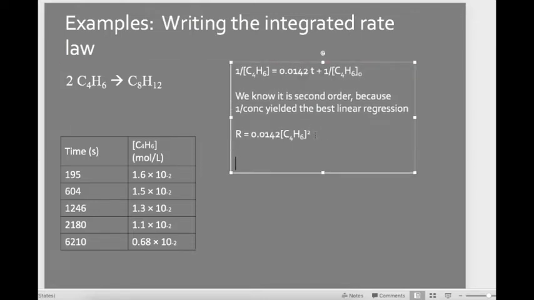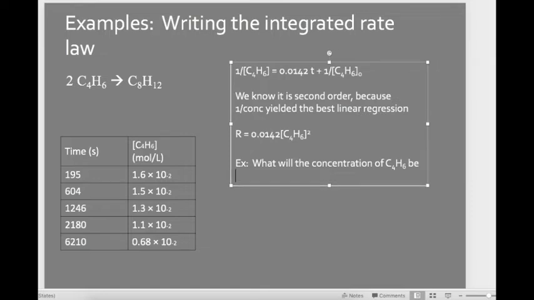For example, let's say, what will the concentration of C4H6 be at t equals, let's say 8,500 seconds? So I want to know 8,500 seconds later, what's the concentration going to be?